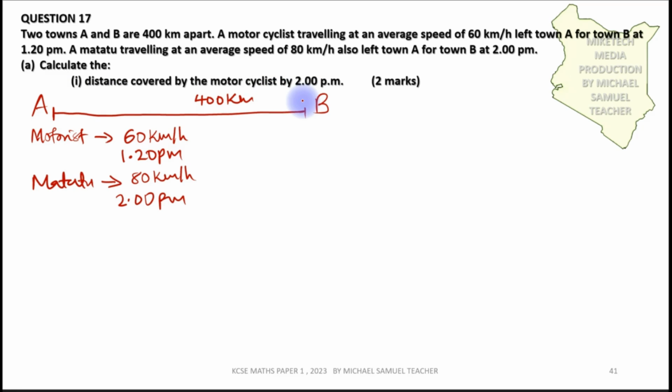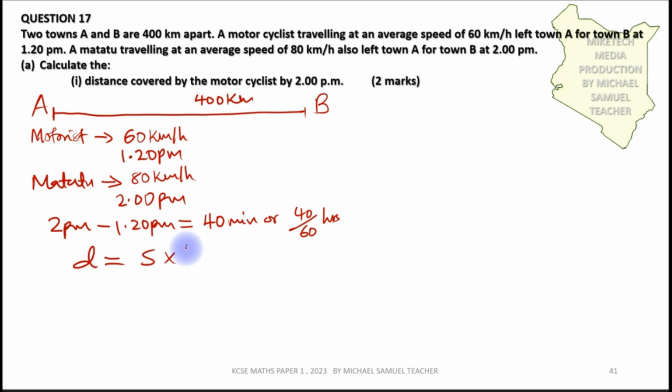So calculate the distance covered by the motorcyclist by 2 p.m. We need to know that the difference in time between 2 p.m. and 1:20 p.m. is 40 minutes. This is the same as 40 over 60 hours, a fraction of an hour. The distance is given by speed times time.